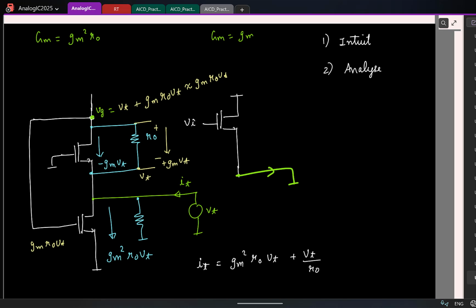But I mean, we'll assume that R0 is large and this current should be much larger, that we can ignore this. Okay. So what is my Rout approximately then? I'll basically ignore this term. So what is my Rout? gm square R0, so Rout is 1 by gm square R0.